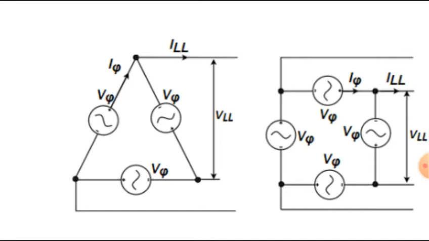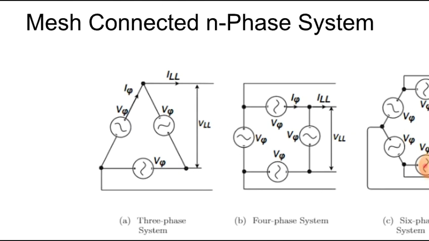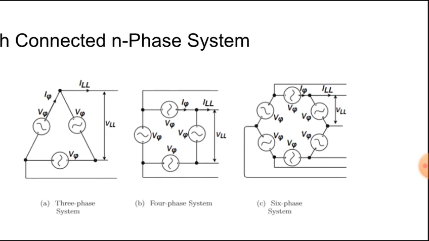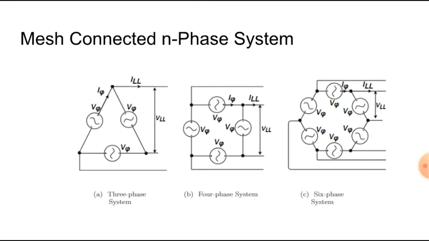Why? Because there are other branches connected to that node. And if there are other branches connected to that node, they're not equal. We can apply KCL to solve that. And again, we can use the double subscript notation. If that's IAB, then it's IA minus IB, and so on.